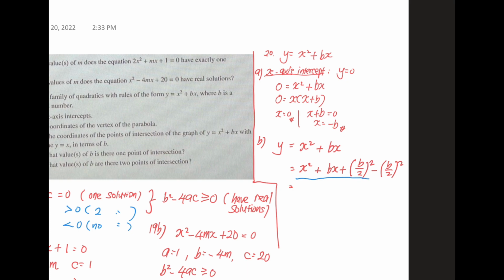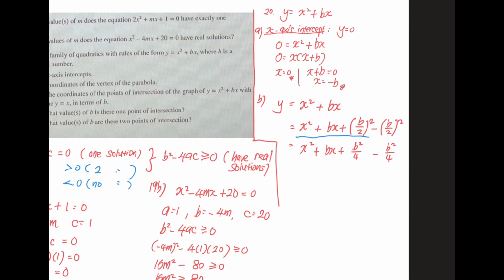And now we need to factorize the first three terms. It is going to be a perfect square. So before I factorize, I just expand it first: b squared over 4, b squared over 4. Okay, now for the first three terms, to factorize, either you factorize straight away or you think like this. x times x is x squared.